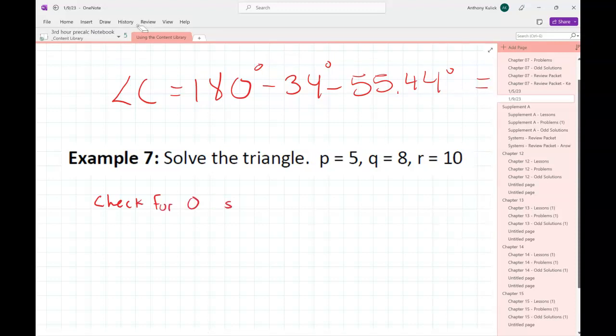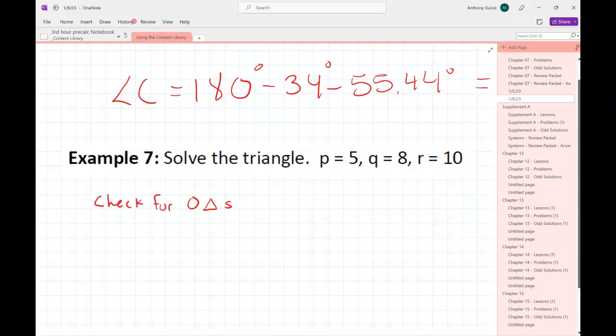Does anybody remember from geometry how we can tell if a triangle is possible from three side lengths? Not the Pythagorean. How to check if three side lengths make a triangle.